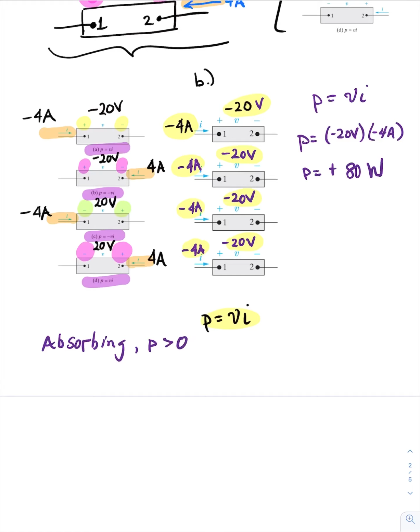Delivering power, the value for power would be less than 0. In this case, our value for power is positive, so the circuit element is absorbing.